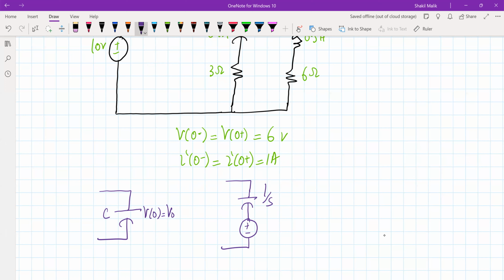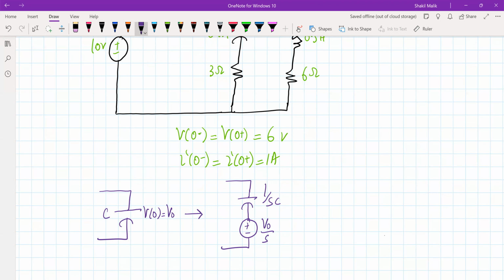This is 1 by SC, and this will be simply V0 by S. Here V0 is simply 6 volts.